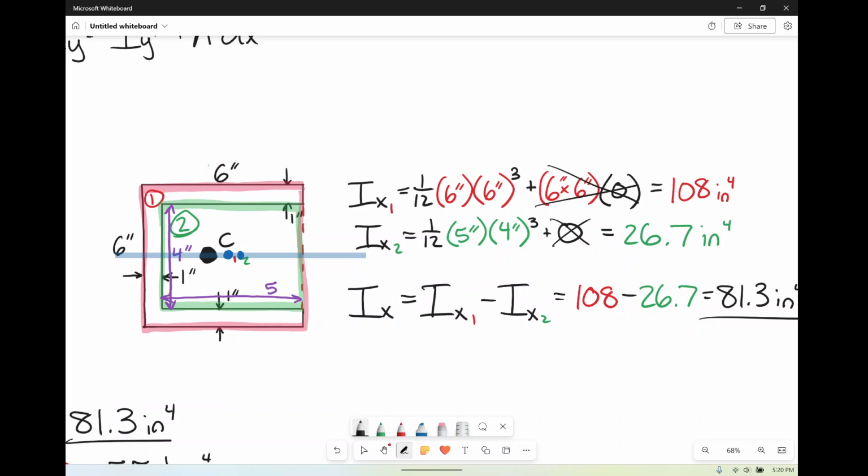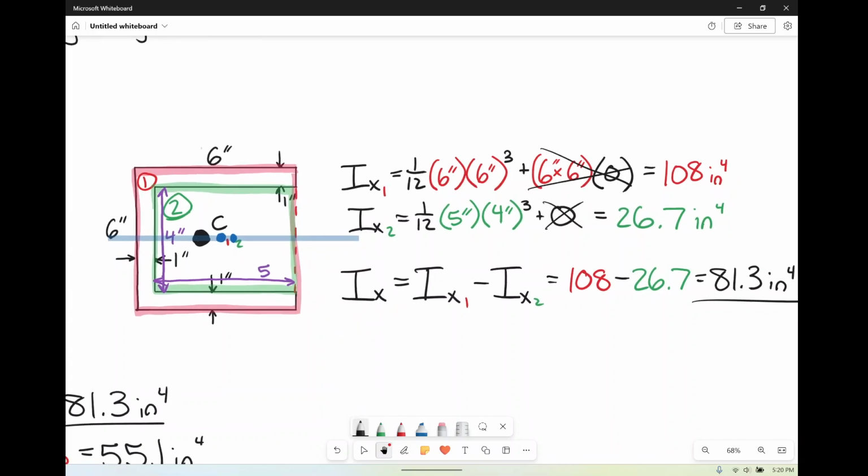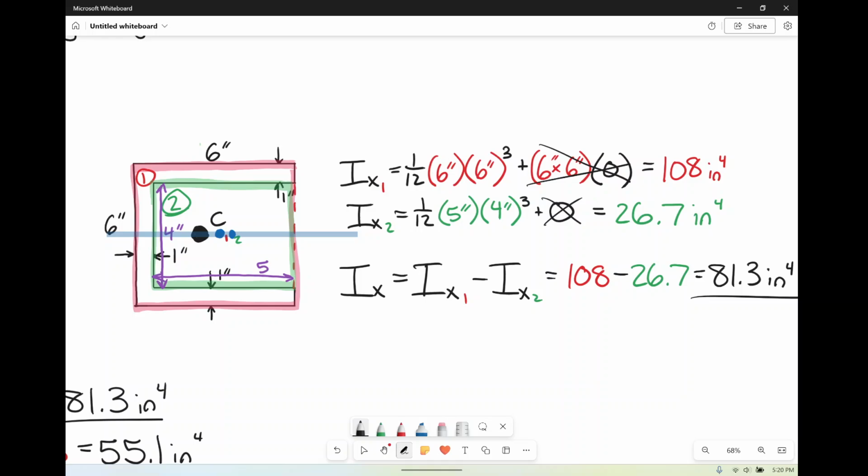Okay, it's a little bit more interesting in the Y direction than it is in the X direction. But if you needed Ix, I think we could argue that this was much easier to solve for than the other way. But for Iy, for shape number 1, it's 1/12, the height, 6, the base, 6, cubed, plus the area of 6 by 6, times the distance horizontally from the center over. So where's that? Well, let's remind ourselves where the center of this one is at.